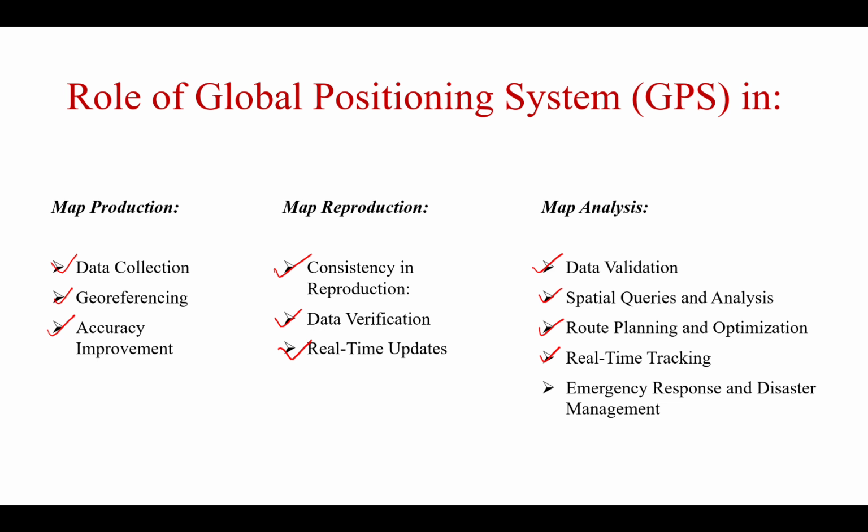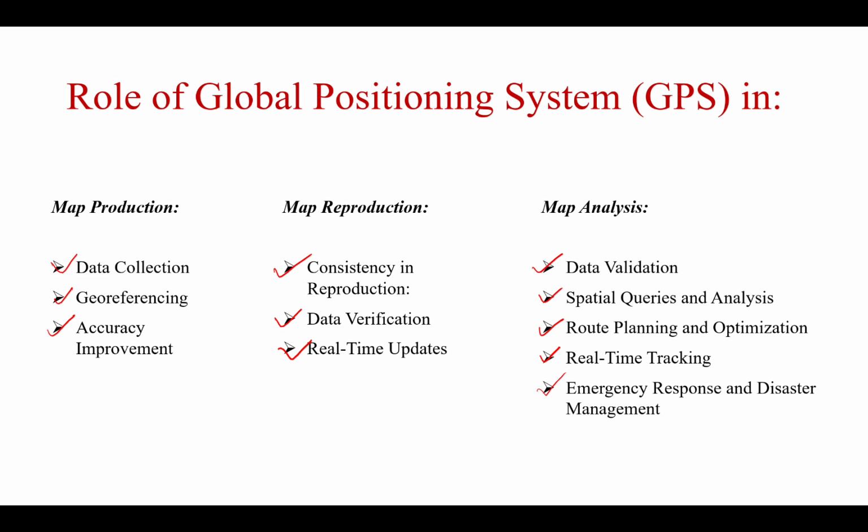Then we have emergency response and disaster management. GPS is used in emergency response and disaster management, because we can know exactly where the disaster has struck and where the emergency response is needed.